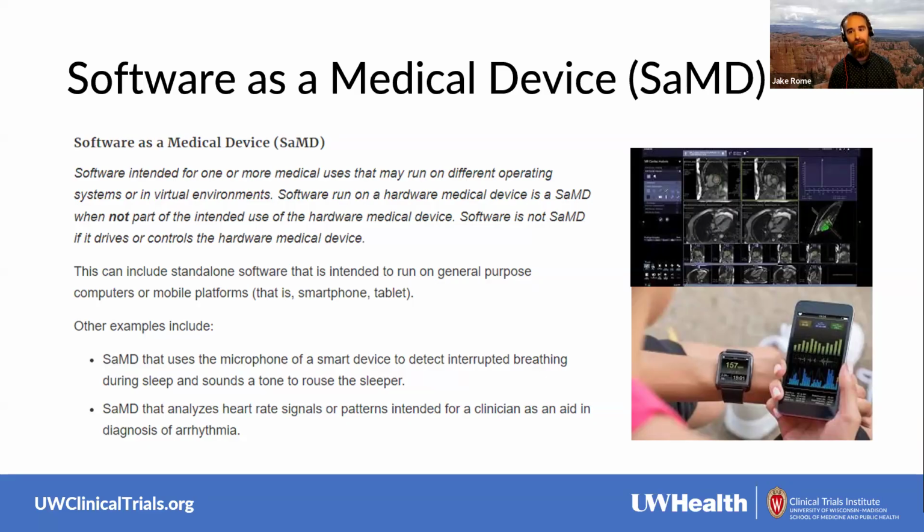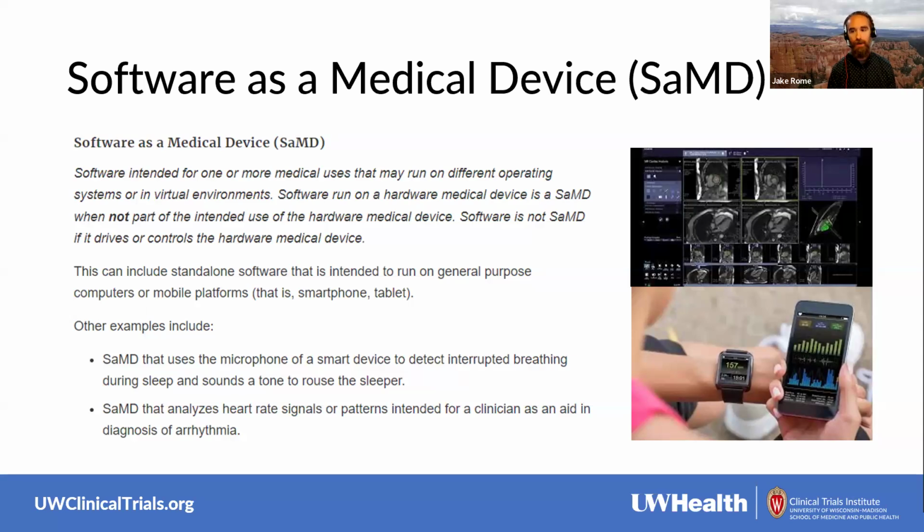That's different than software in a medical device. So when we think of that, it's like MRI software that's embedded within the MRI machine to make the MRI machine function. That is software in a medical device that is regulated as part of the overall product. Software as a medical device is regulated separately as an independent product.